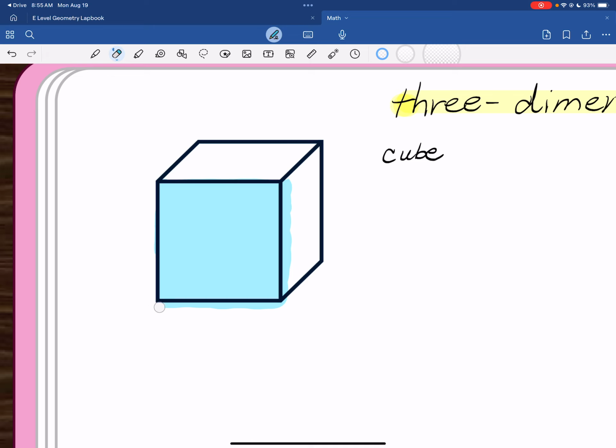Think about how a die feels in your hand, a cube. It has 6 faces, and again, this blue space is called a face, just like the two-dimensional square that we looked at. So here's a face. You have 6 of those faces, and they're all squares.